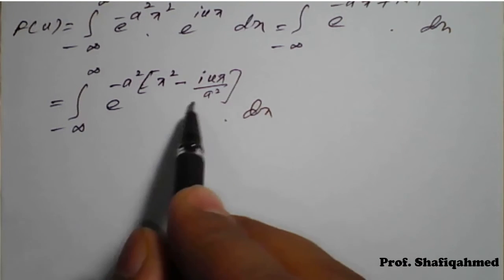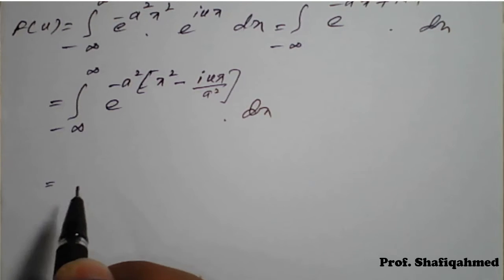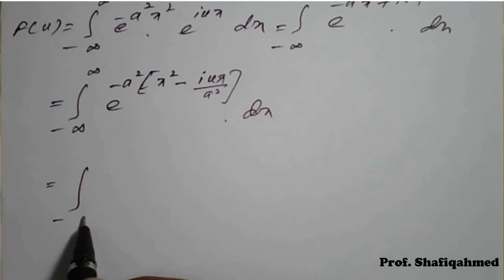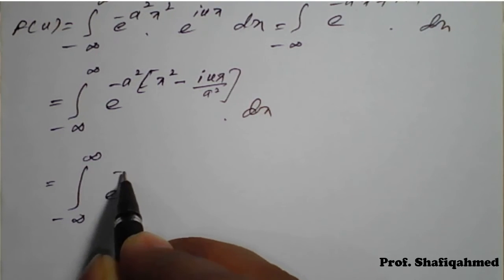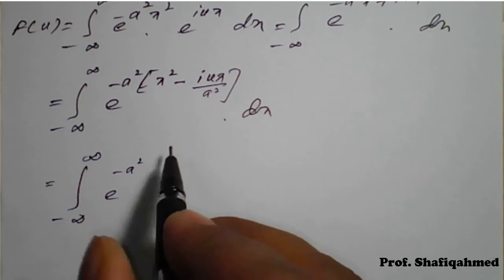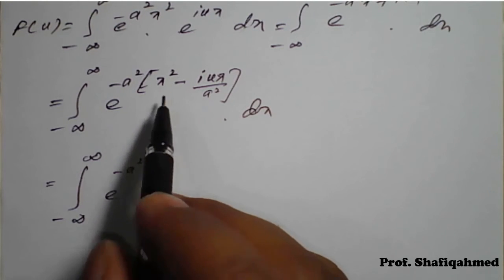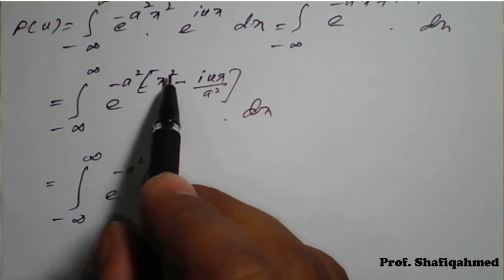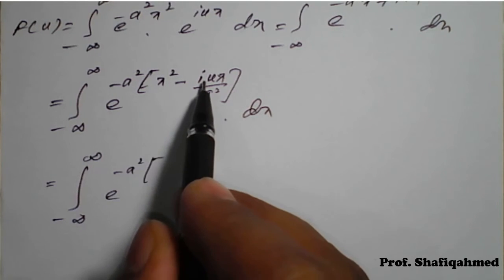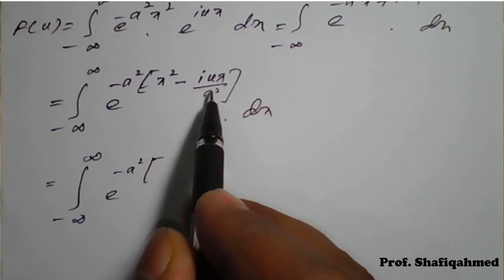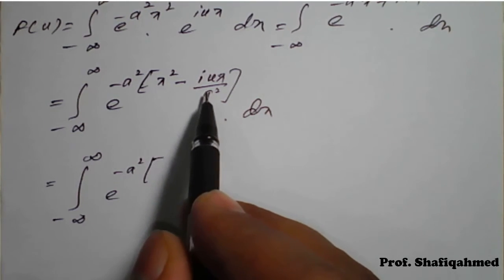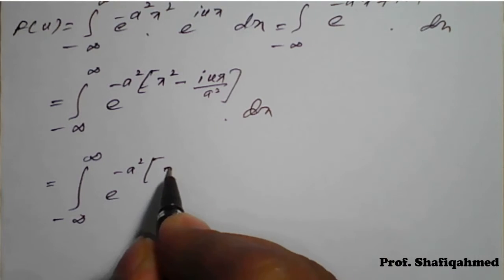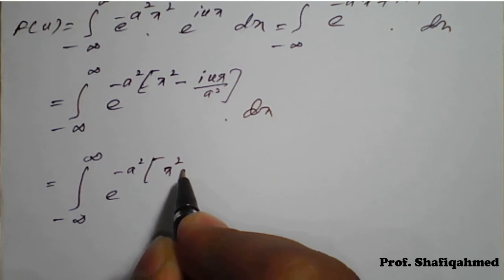Now again we need to simplify this before applying the integral. The integration from minus infinity to plus infinity of e raised to minus a square, bracket this x square as it is. These two terms, x square minus i u x upon a square, I want to write in the form of a minus b.